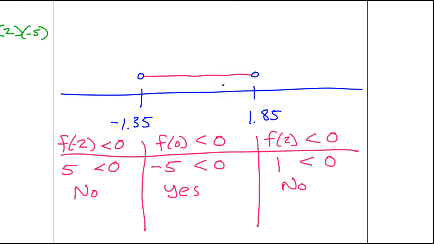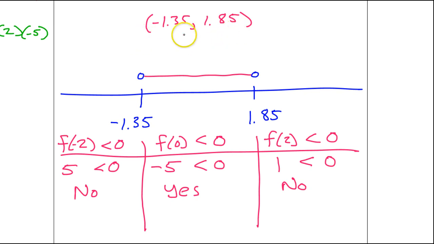So this middle interval is where all the solutions will be. So I will write this in interval notation in the following way. -1.35 to 1.85. I am using parentheses at the beginning and end of the interval for the same reason I used open circles, to show that the border points, -1.35 and 1.85, are not to be included.